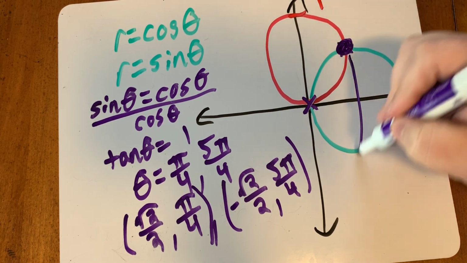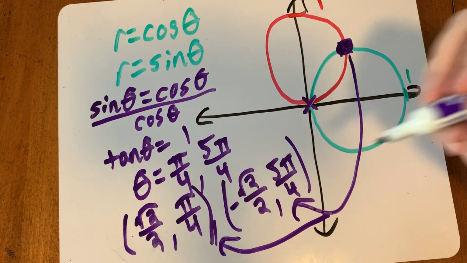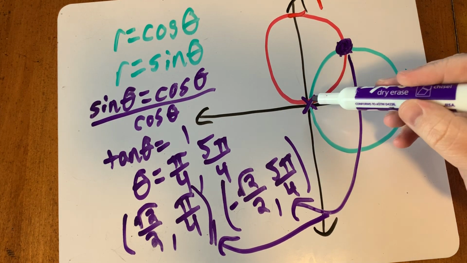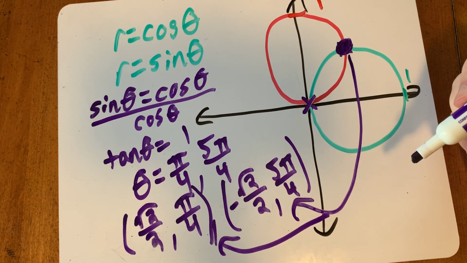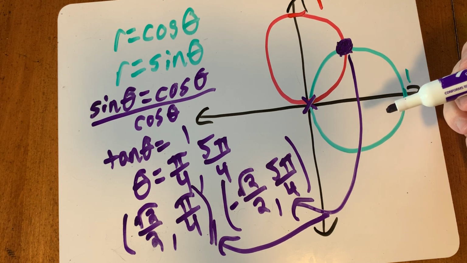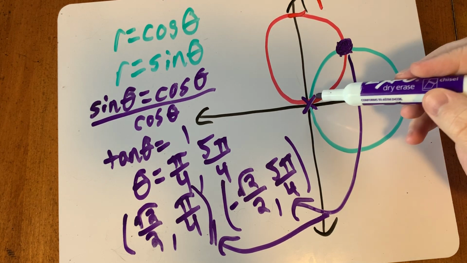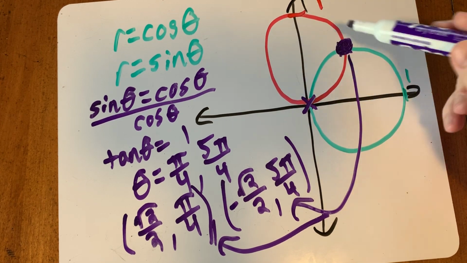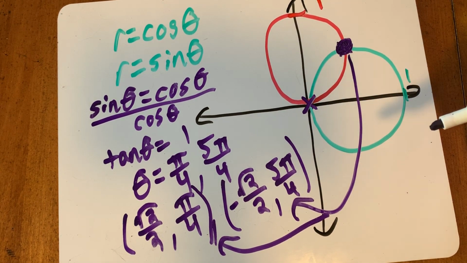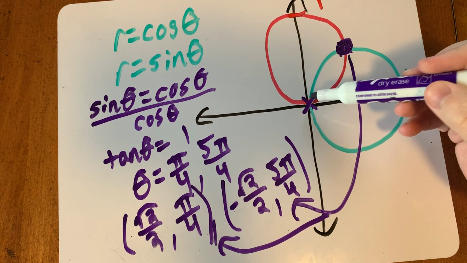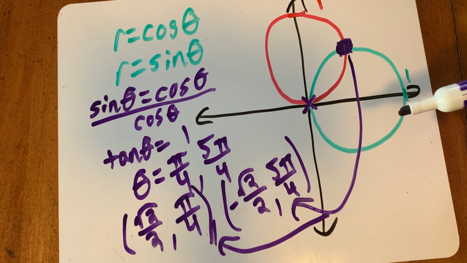So this is actually both of those. And this, it's a physical intersection, but it's not a polar intersection. This point exists on both circles, but not at the same polar moment. So this is not an intersection of both.